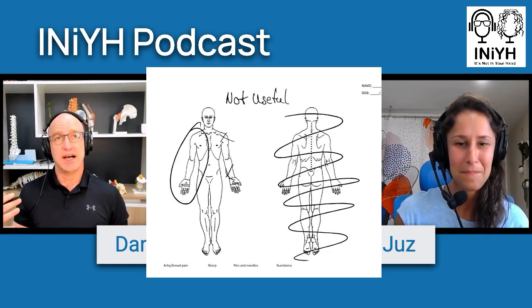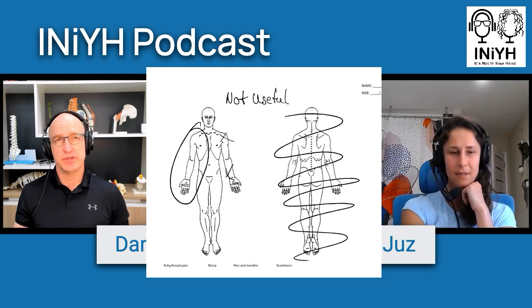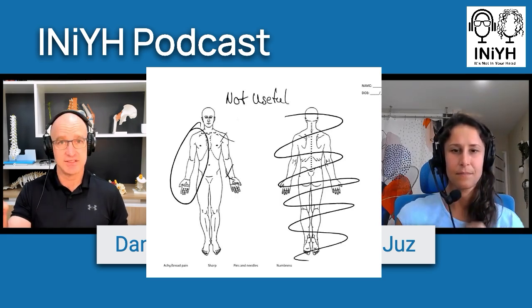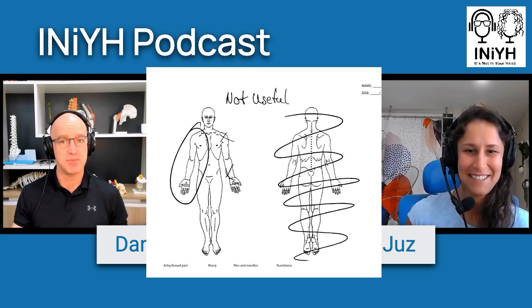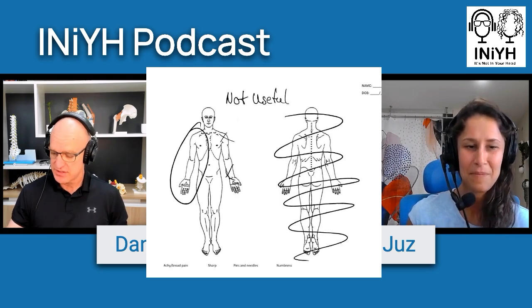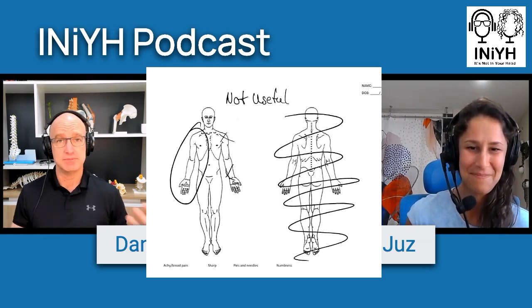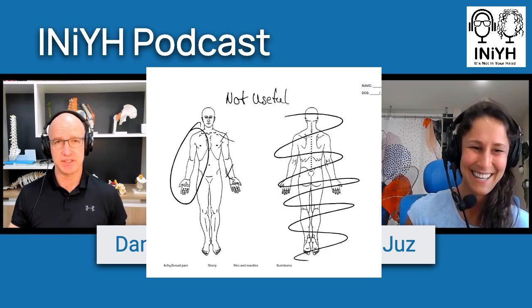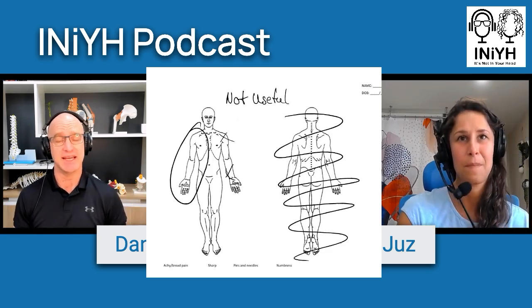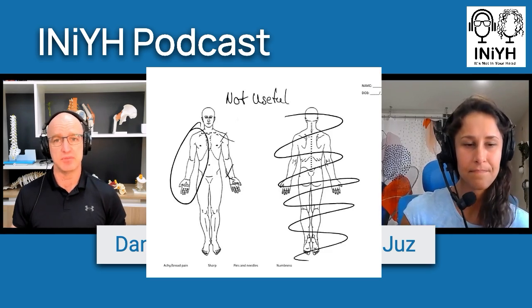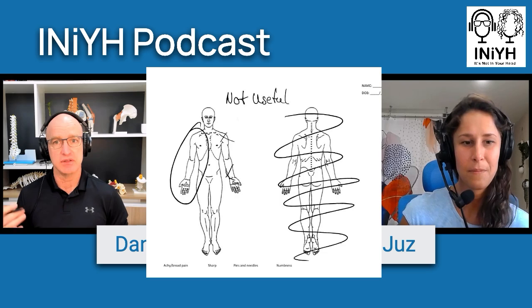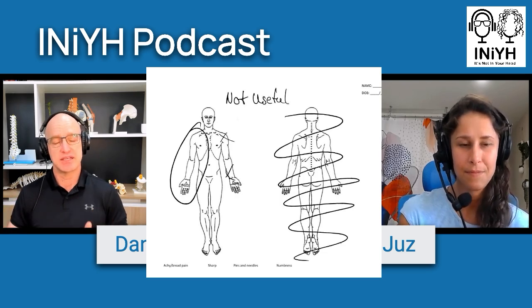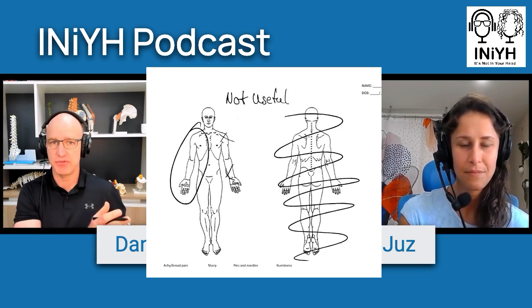Other things that are less helpful, not useless, is what Juz just said, which is the scribble, where somebody just comes in and scribbles over the entire body, and you go, okay, perfect. Pain everywhere, right? So what I get out of that is that the patient probably has fibromyalgia sitting underneath this. But within the fibromyalgia, lots of patients will be able to say, actually, no, that's not my fibro.